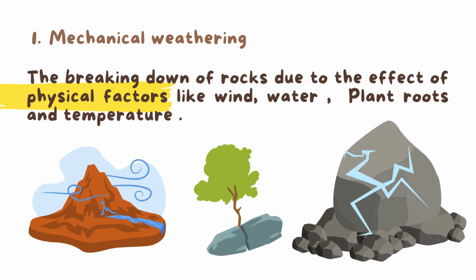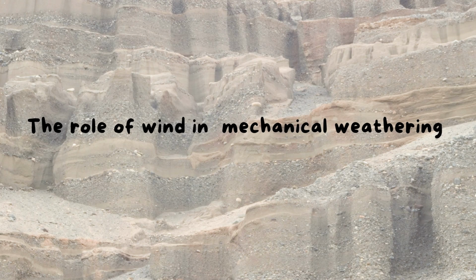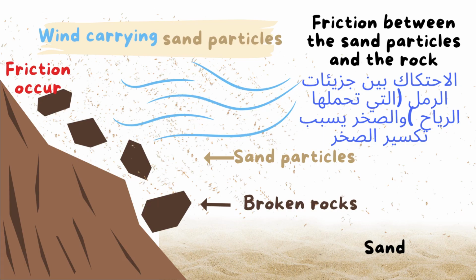So we will take each one of them. Now we will start with the role of wind in mechanical weathering. How does the wind cause this mechanical weathering? We know it before. Wind carries sand particles. When this wind carrying sand particles hits a larger rock, what happens?